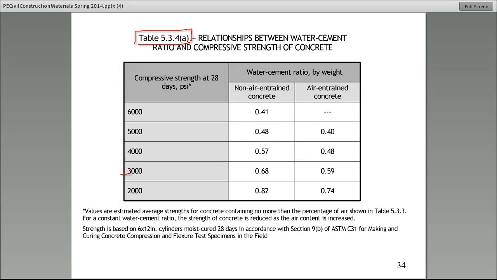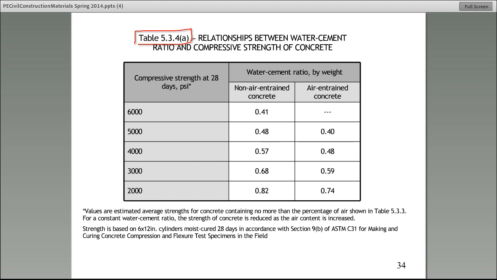But let me tell you guys, if this was an actual situation that I was doing the design, if I needed 3,900 psi, I would just use 4,000. All right? But the exam you're preparing for is not a practical exam. It's a highly theoretical exam.